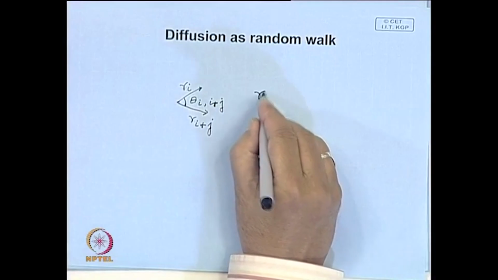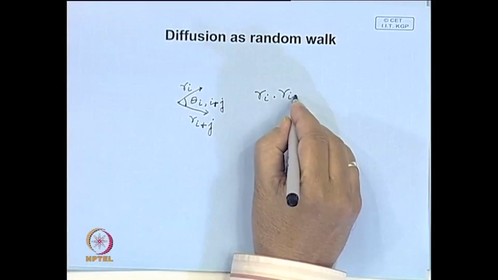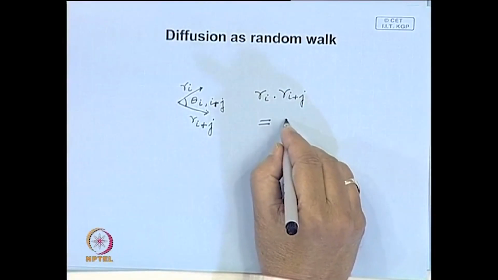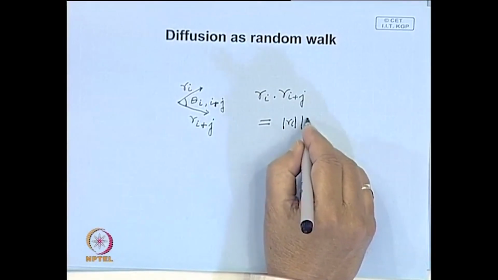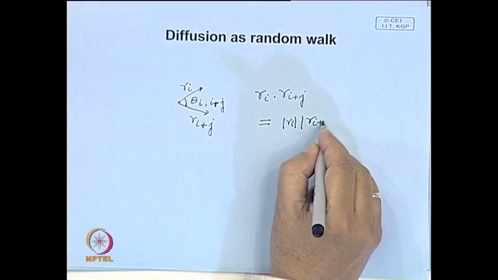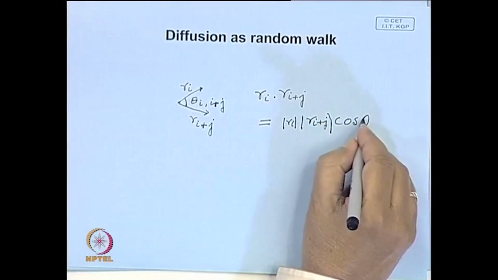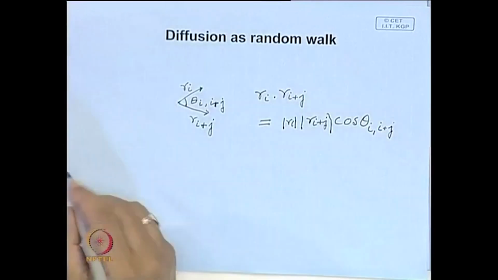So this dot product R i dot R i plus j will be equal to the magnitude of R i times the magnitude of R i plus j times cos theta, that is, theta i plus j, the specific angle.